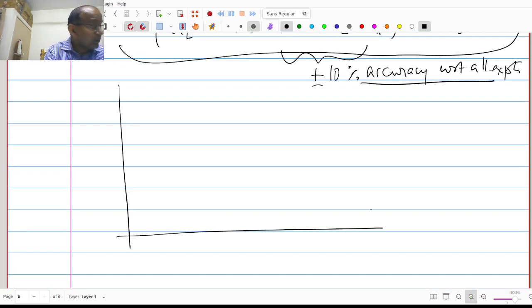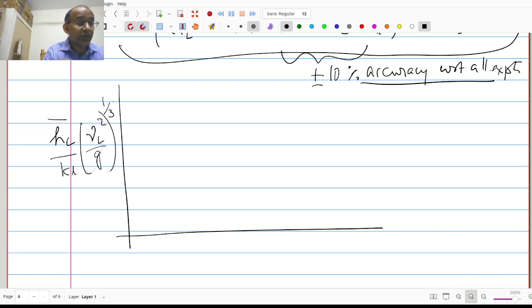Here you have h_L bar by k_L multiplied by (mu_L squared by g) whole to the power of 1 by 3 on the y-axis, and on the x-axis you have Re_L, which is 4 times m dot prime at L divided by mu_L, where L is the length of the plate.